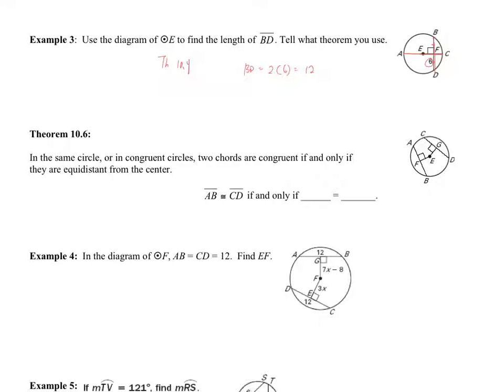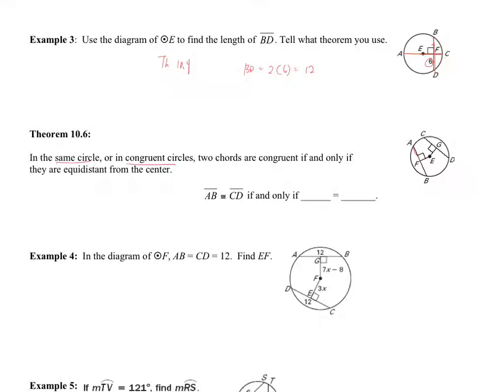Theorem 10.6 states that in the same circle or in congruent circles, two chords are congruent if and only if they are equidistant from the center.